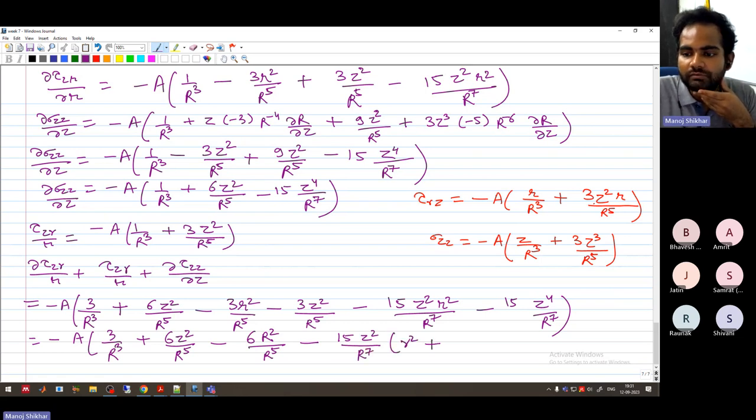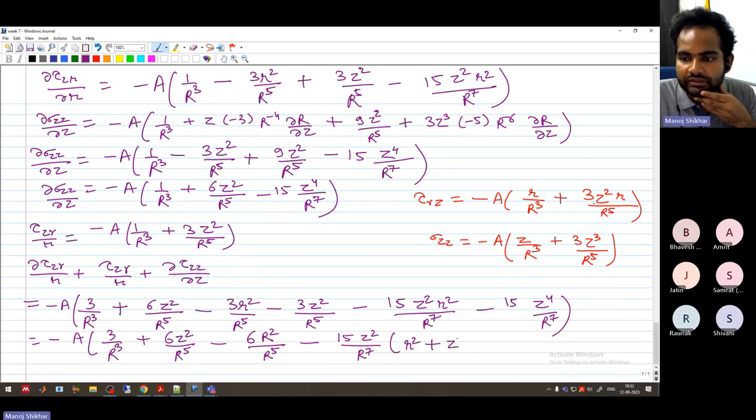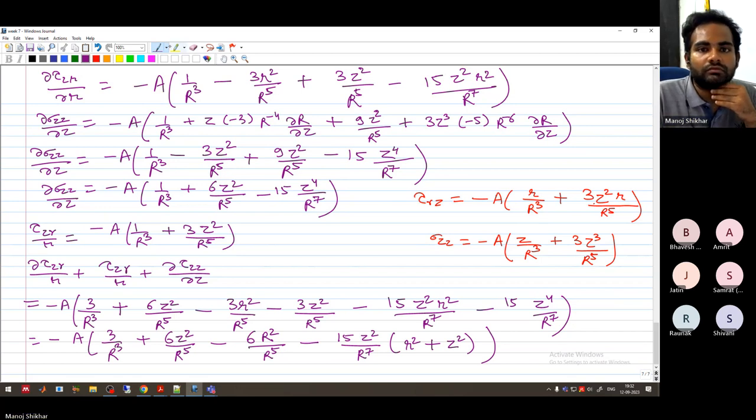We will have r square plus z square. Okay. So here should be 3. Here also what happened? R square plus z square became capital R. So these two cancelled.